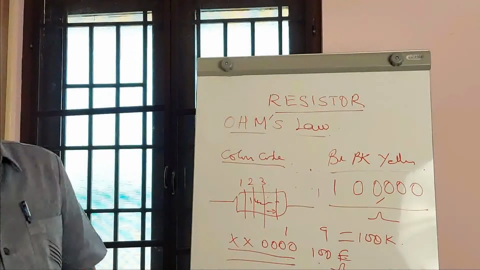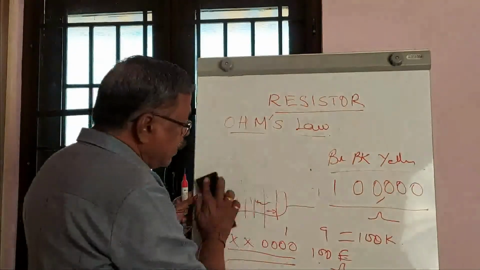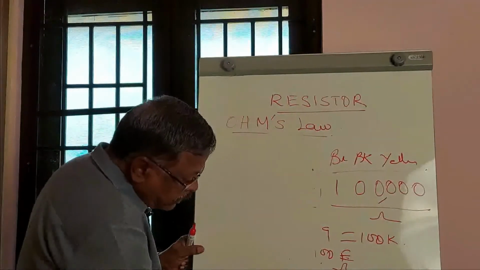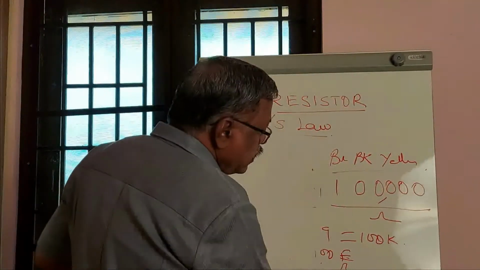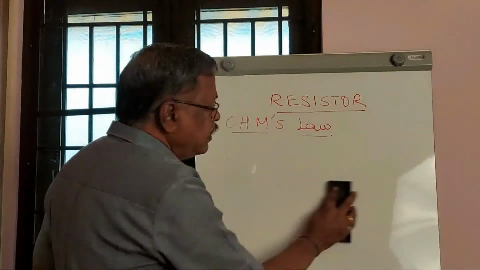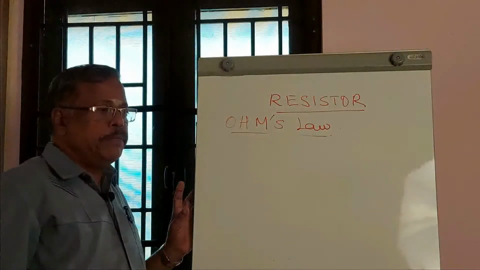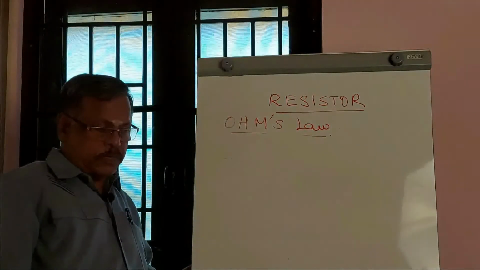So, like that, in a resistor, to find out the value, you have to remember the color code, and also you have to remember the wattage and all those things. There is one more color code which is very much useful. There are a lot of electronic instruments, and every instrument may be a commercial one, or a professional one.